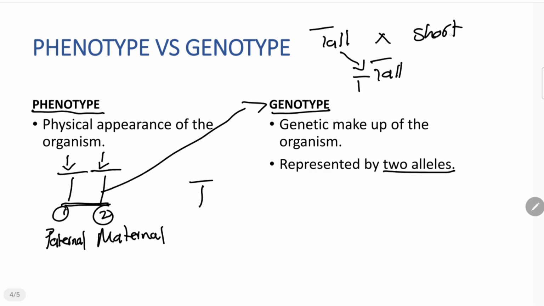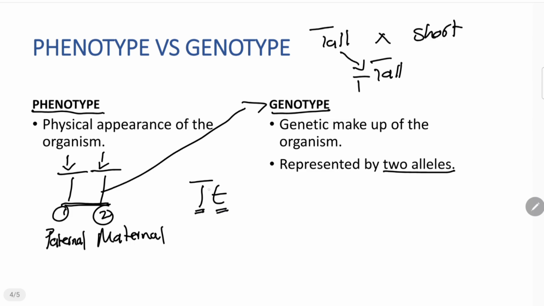So this parent that is short will contribute to that offspring small letter t. Now, what will be the phenotype of this offspring? This is very easy to come up with an answer, because we said that capital letter T is the allele for tallness, and the small letter t is the allele for shortness.